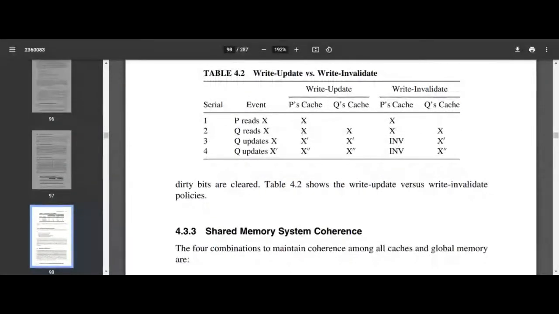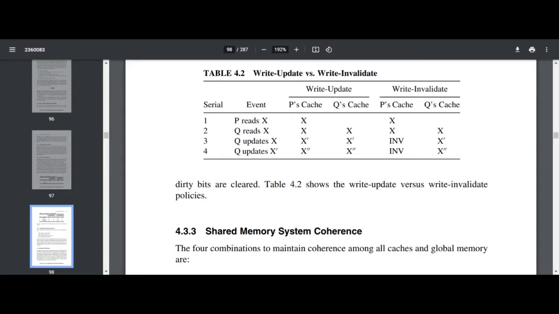So, write update versus write invalidate. Every time some attribute is changed, what happens? P reads X, then if P changes it, P's local cache is changed. Then Q reads X, finds something, and Q updates X before P writes something.